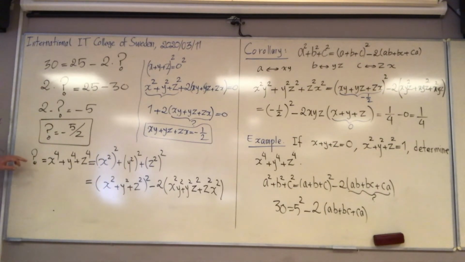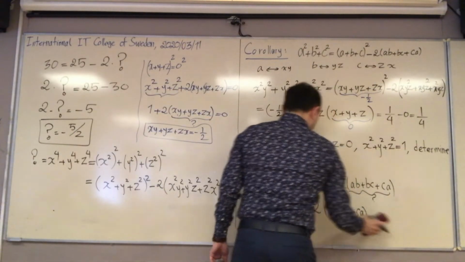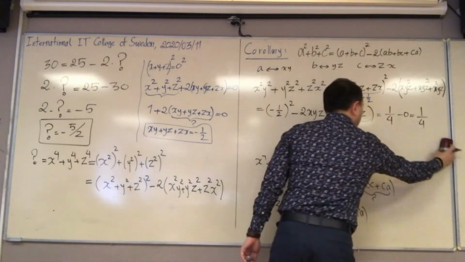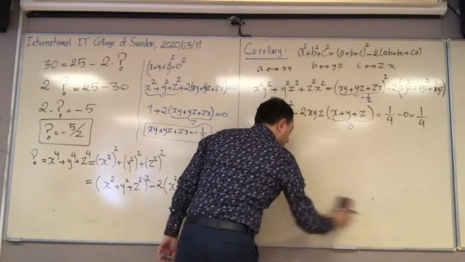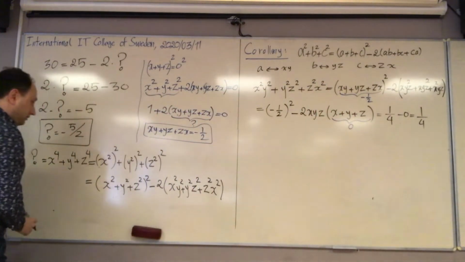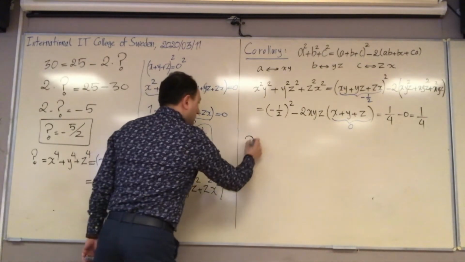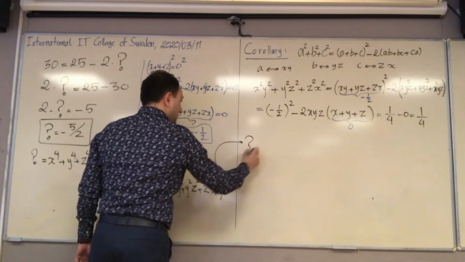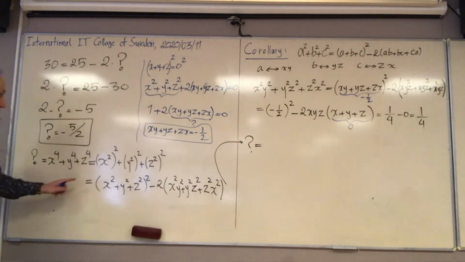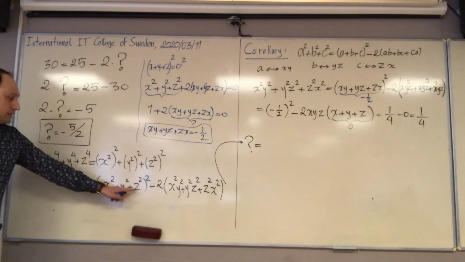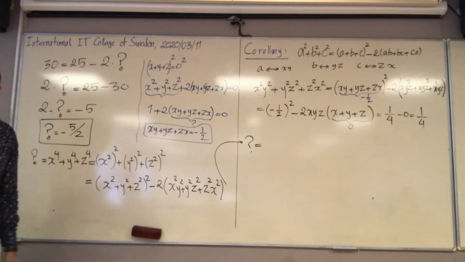Okay, so now we go back to the question mark. Let me erase this one. Now everything is actually calculated. So the question mark is equal to, so I want to use this here, x squared plus y squared plus z squared. What was the number?